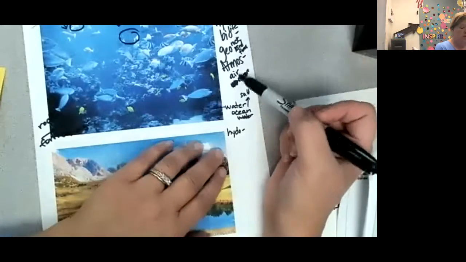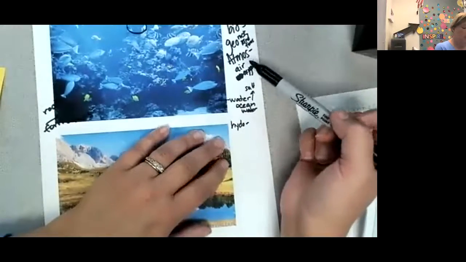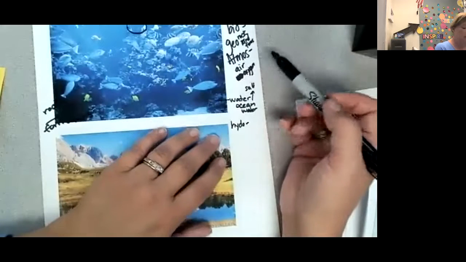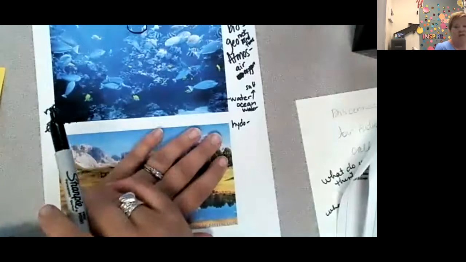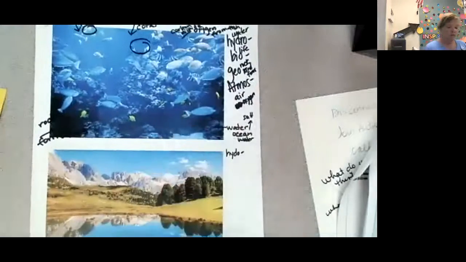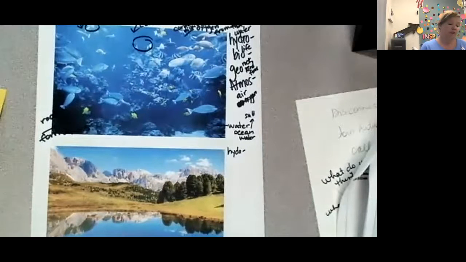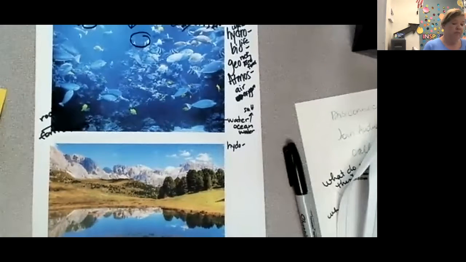Next to atmosphere, you'd write the bubbles that are coming from the fish are an example of the air, oxygen, and then maybe the rock formations at the bottom. So it doesn't have to be a lot, just a little bit about each one, trying to see if you can find ways that the hydrosphere, biosphere, geosphere, and atmosphere are interacting in that particular picture.